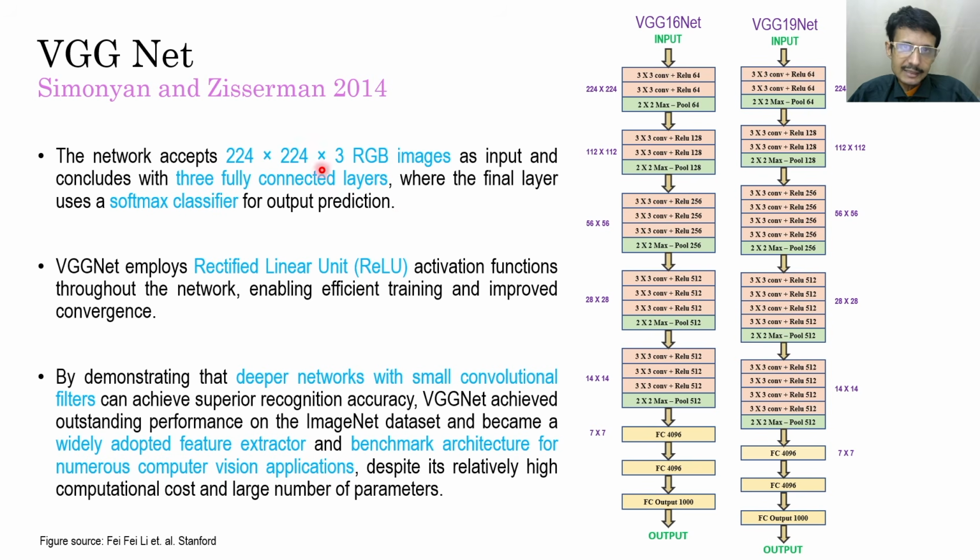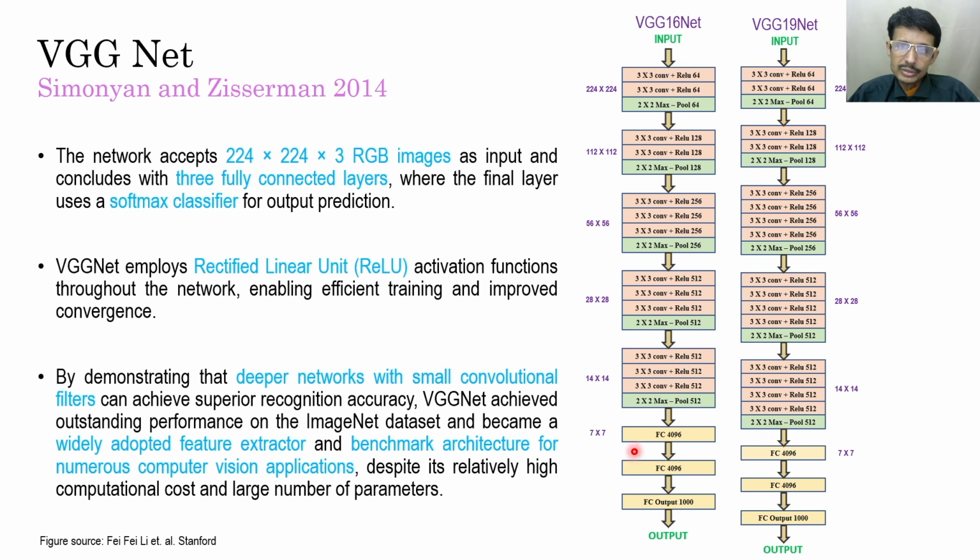So apart from this very interesting design of multiple convolutional layers, this is a very simplistic architecture, and the depth is higher than previous architectures like AlexNet.